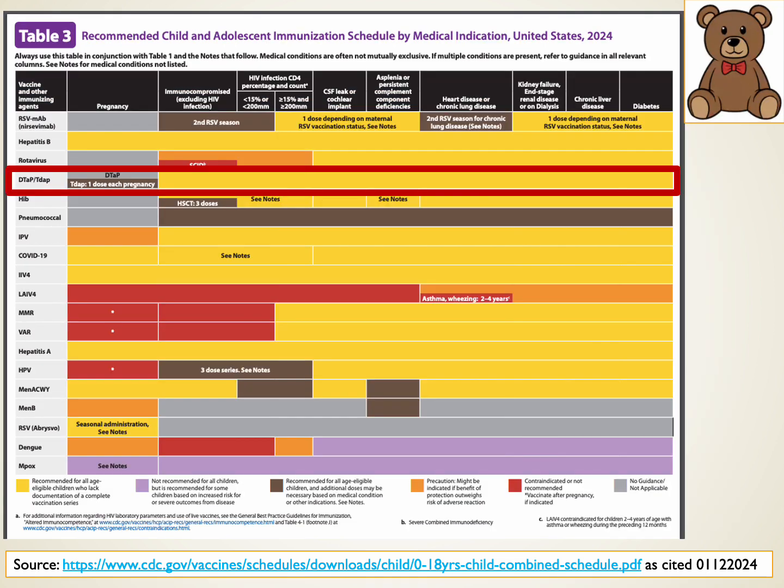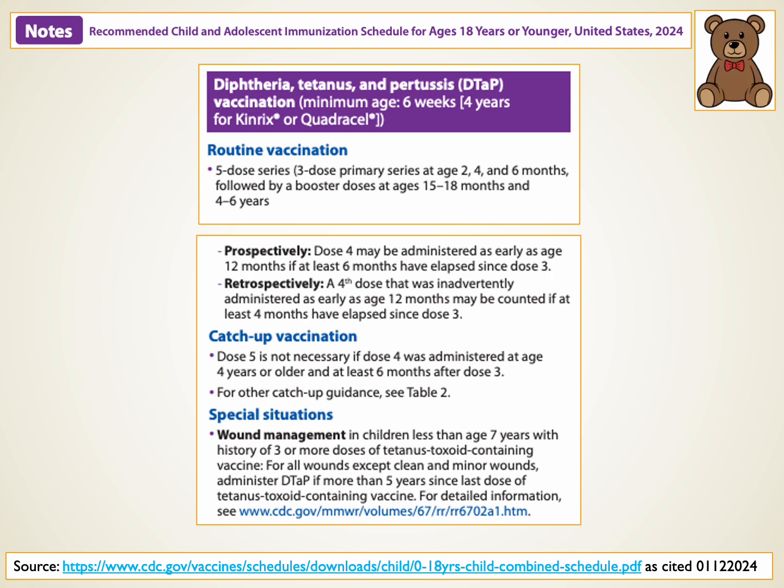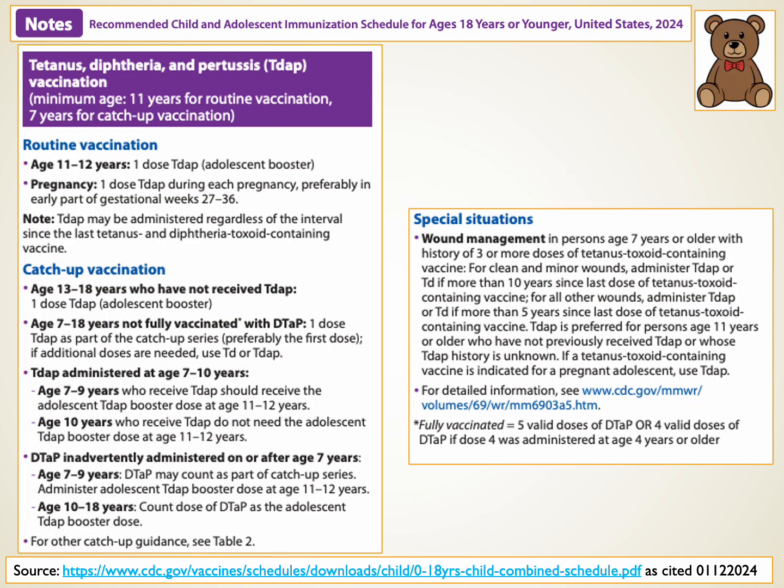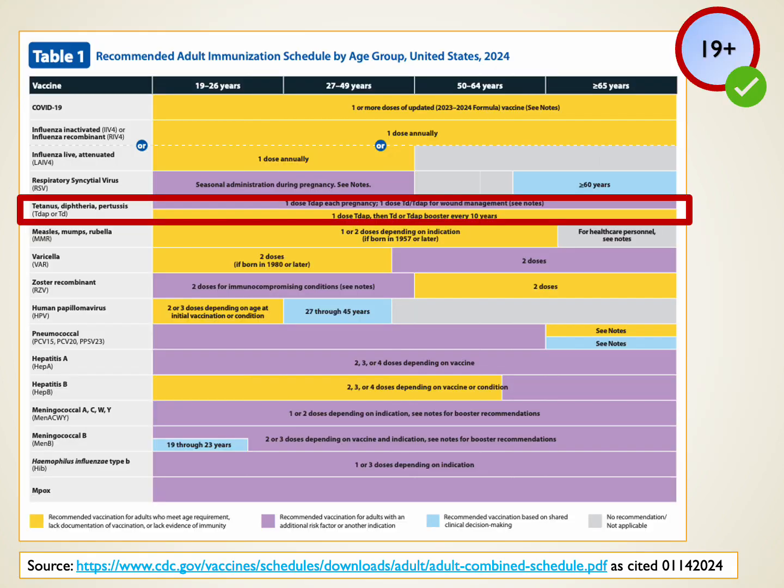There really aren't a lot of contraindications for using diphtheria, tetanus, and pertussis vaccine. And there are the guidelines for routine vaccination in pediatrics. More specifics about how they're timed and catching up. Don't worry about the details here.